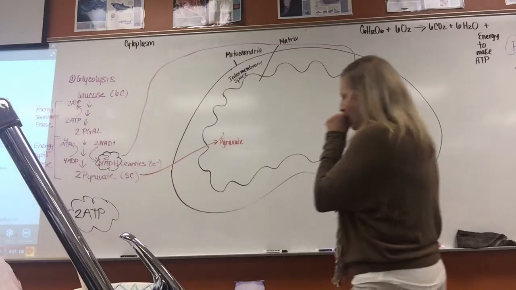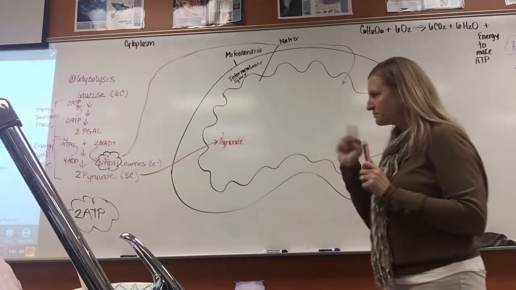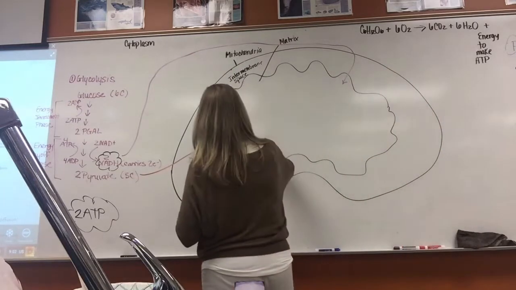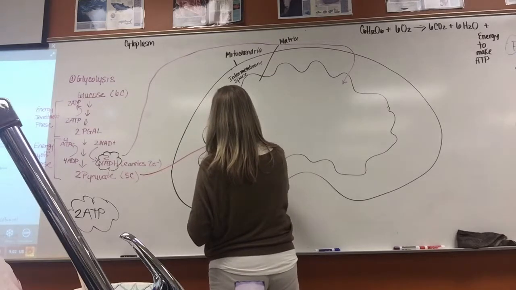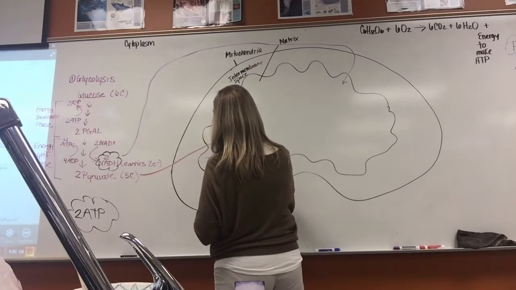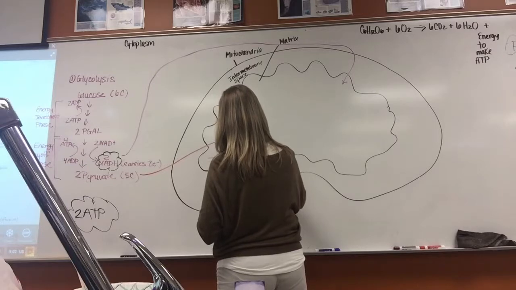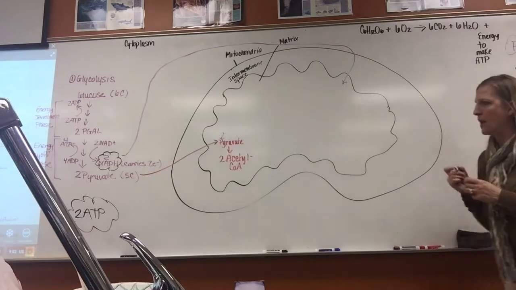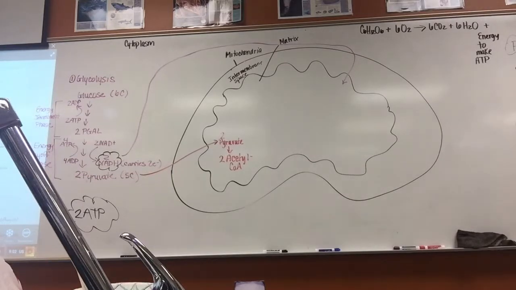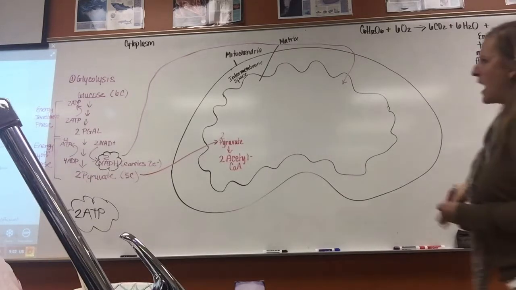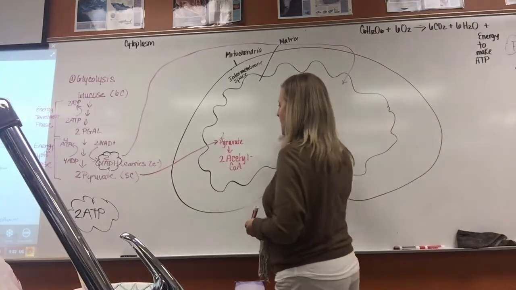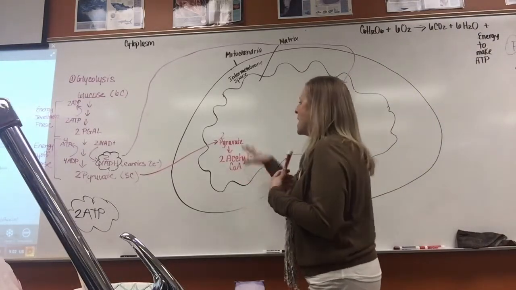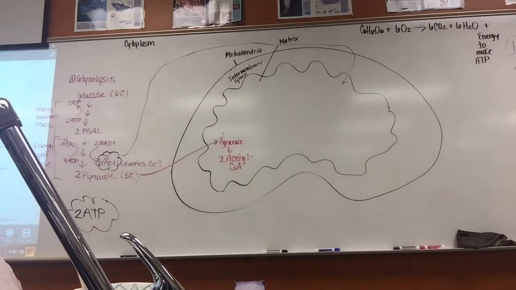All right, so we have the 2 pyruvate, and this gets converted into 2 acetyl-CoAs. The CoA stands for coenzyme A. The 2 acetyl-CoAs are the end product that's going to enter into the next major step. But there are some things that happen in this reaction of pyruvate to acetyl-CoA.